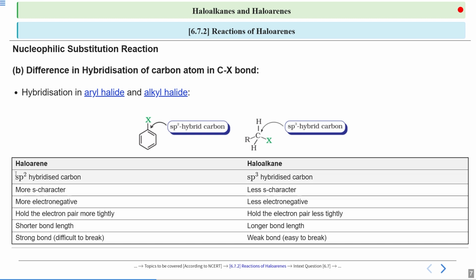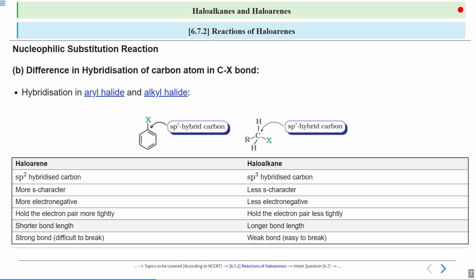Now, in the haloarenes, due to the comparatively greater electronegativity, the electron pair will be held more tightly. And in the haloalkanes it is reversed: the electron pair will be held less tightly because of its lower electronegativity compared to the haloarenes. Now, in the haloarenes, the bond pairs are held more tightly.